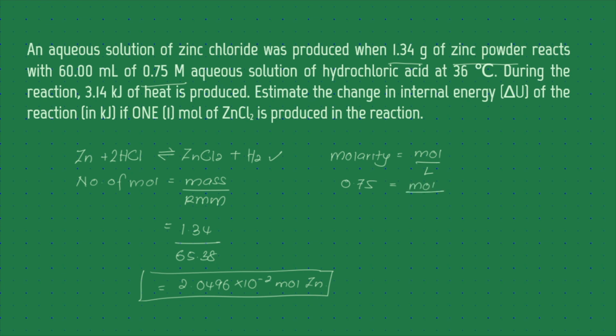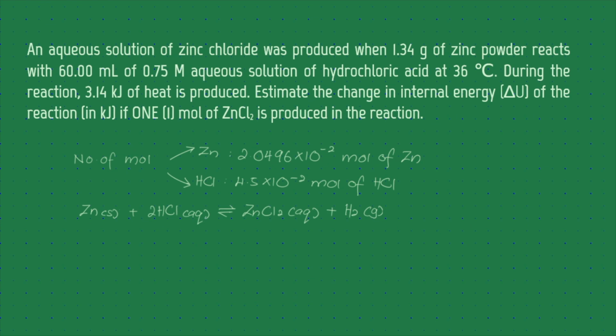So the number of mole divided by the value for the volume, which is 60 milliliter, but we want it to be in liter, so we need to divide with 1000. Therefore, you will get the number of mole of the aqueous solution of hydrochloric acid is equivalent to 4.5 times 10 to the power of negative 2 mole of hydrochloric acid.